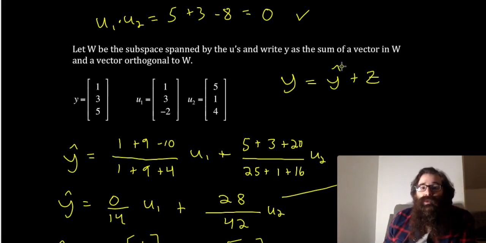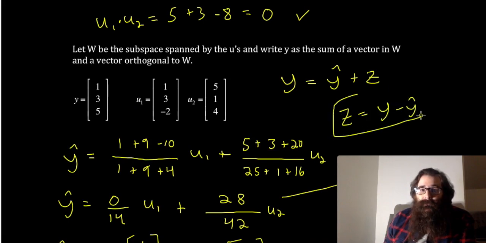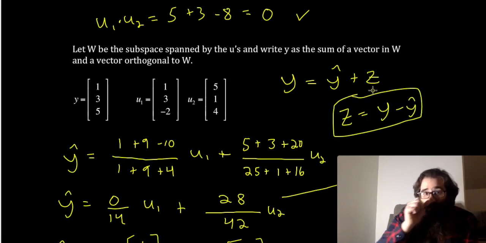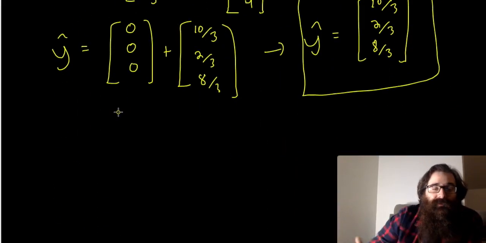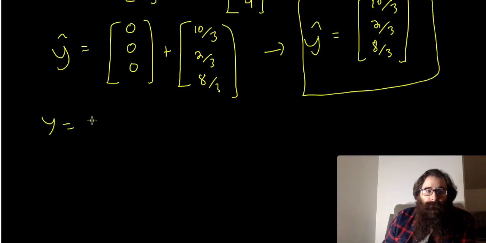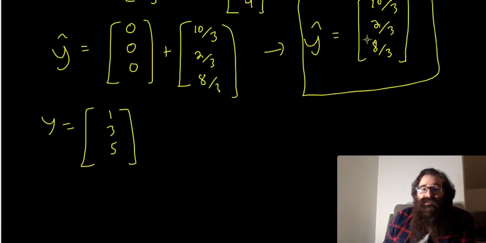Well, y is equal to y hat plus z. So then solving for z, z is y minus y hat. So I have to build this vector z, and vector y is (1, 3, 5). But since I want y minus y hat, noticing the fractions that I have here, it might not be a bad idea to get a common denominator.